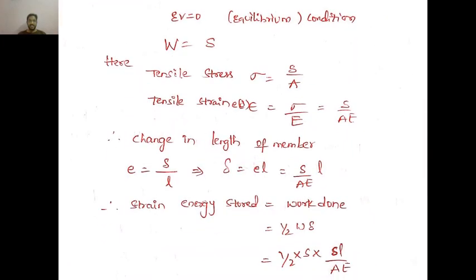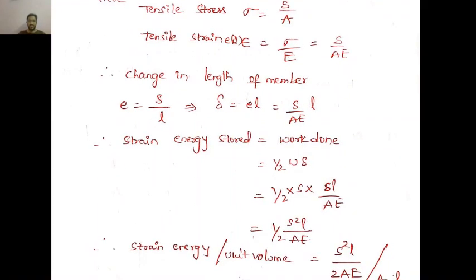Finally, we already discussed that the strain energy is equal to work done. Simply, internal energy is equal to external energy: external means work done, internal means strain energy. So strain energy is half into load into displacement.